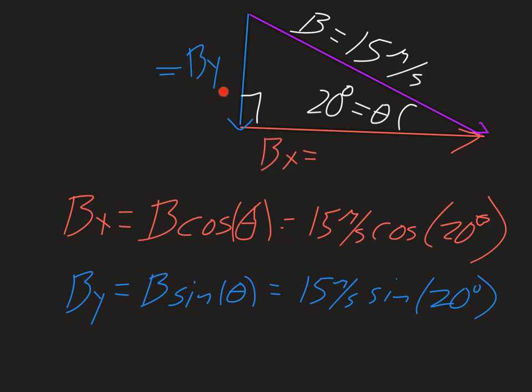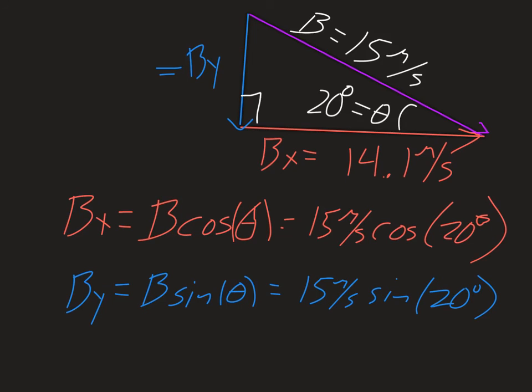B of y is going to be b times sine of theta, because it's opposite. And so we're going to do 15 meters per second times sine of 20 degrees. When we do that, we get values that we can then break down for that. So for b of x, that ends up being 14.1, rounded of course, meters per second.